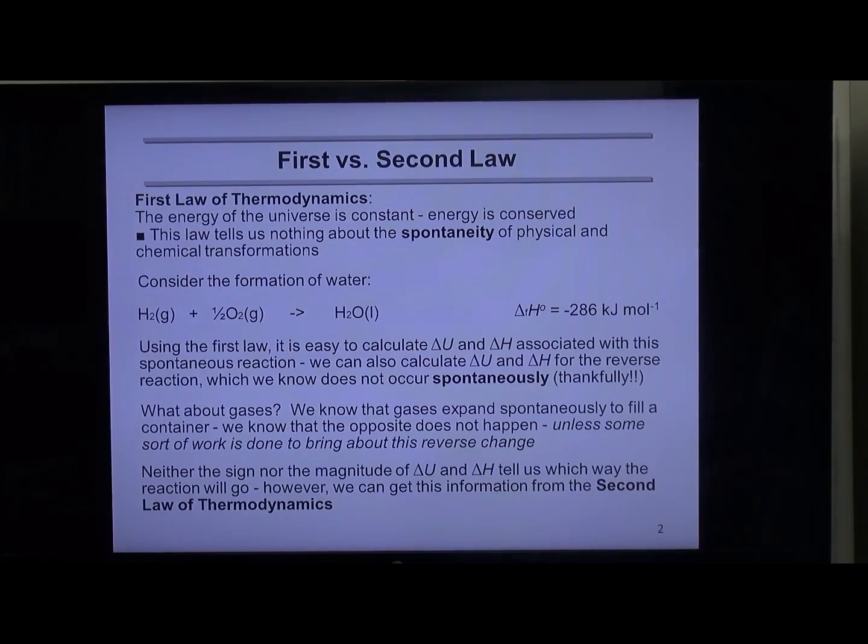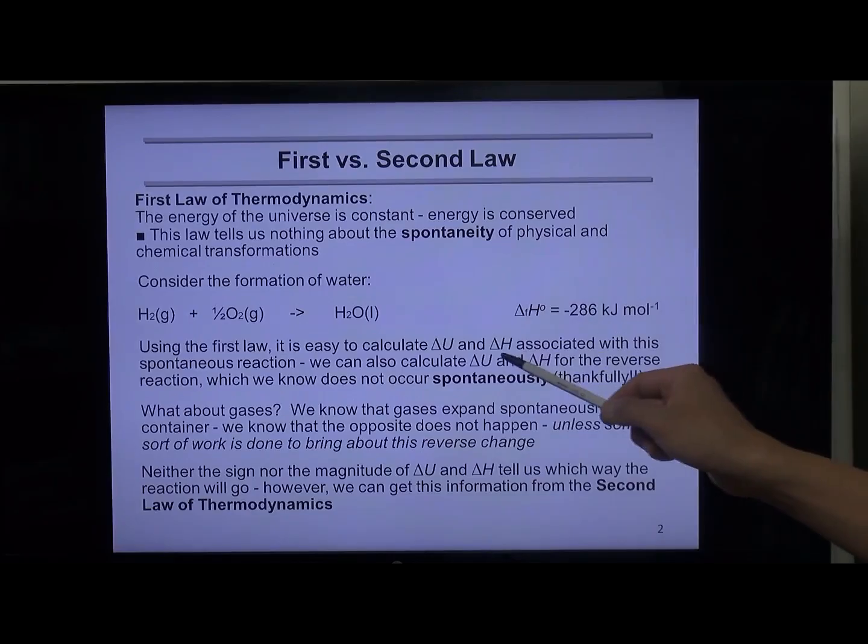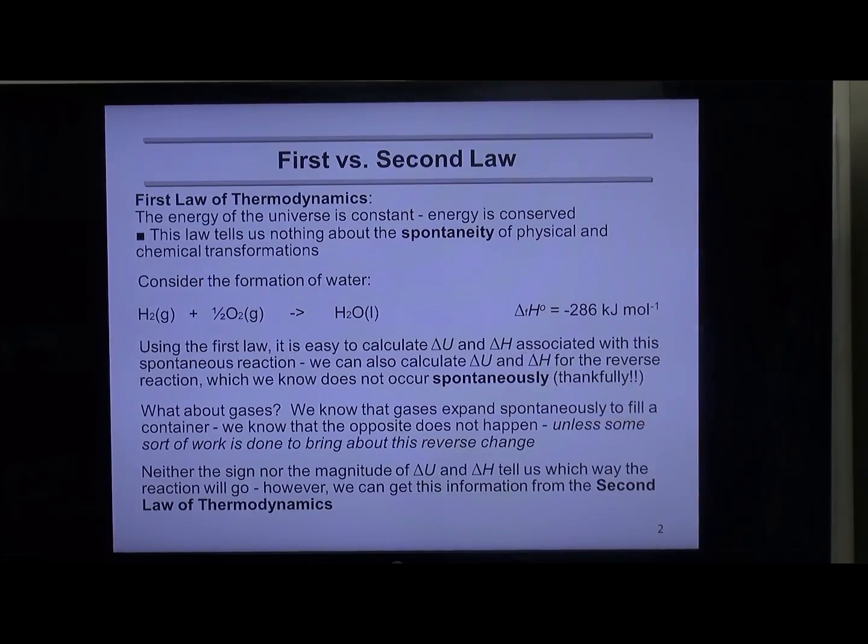That's spontaneous, right? We know by experience that it occurs spontaneously. But those spontaneous processes cannot be determined by delta U or delta H. And that kind of information, we can get from the second law of thermodynamics. Okay?